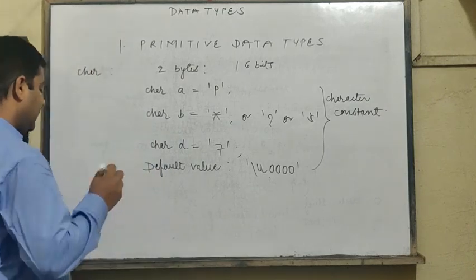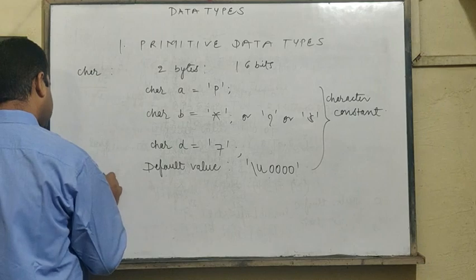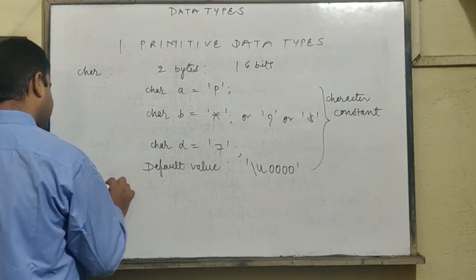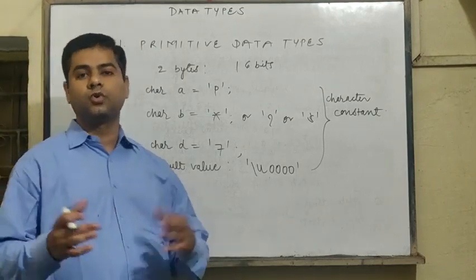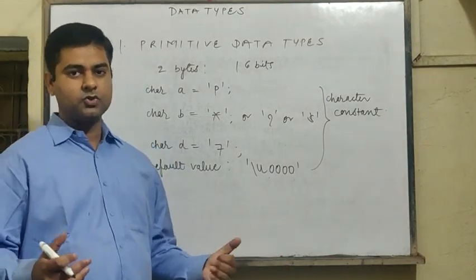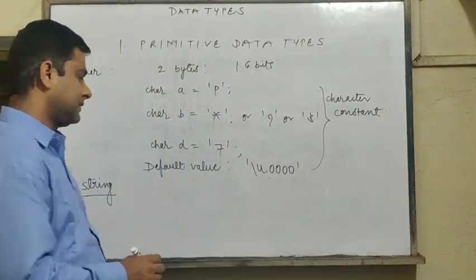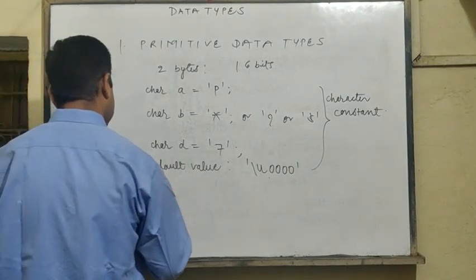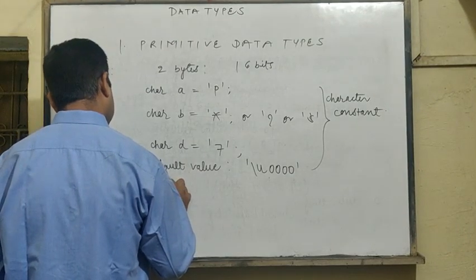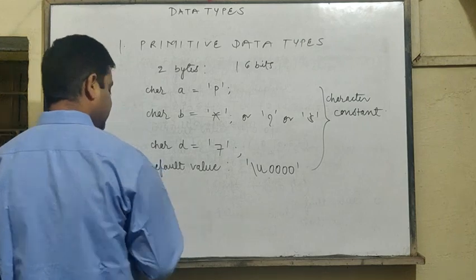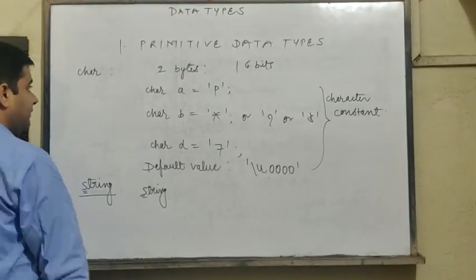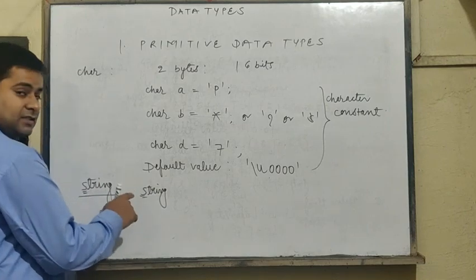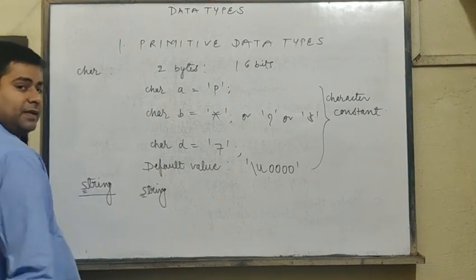See how? String is not a data type, but it is a class, and its object is used to store more than one character. String is the class name. S must be capital, because this is a class, so its first letter should be capital.